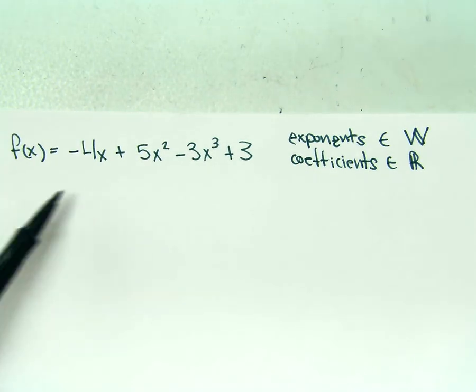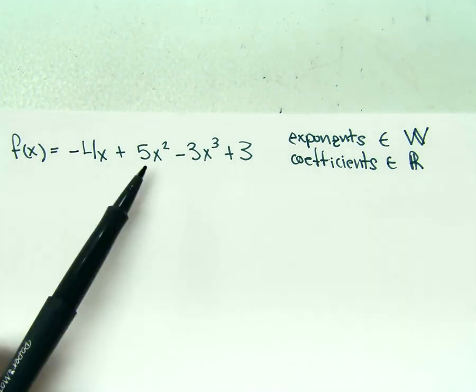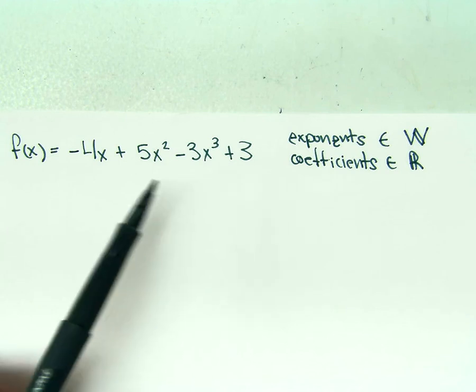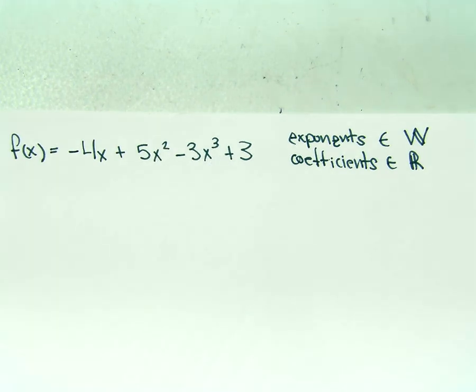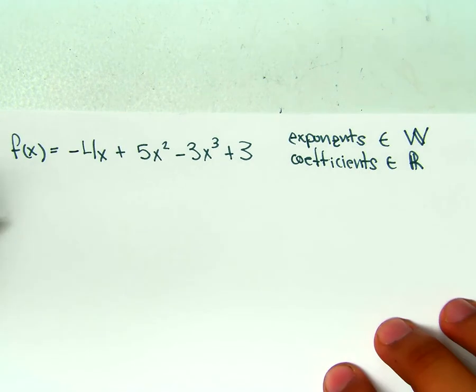So if we look at this polynomial, we will see that all the coefficients are real numbers and the exponents are whole numbers. Okay? After we're able to determine whether or not it's a polynomial function, we then want to write it in standard form. Okay? So standard form is going to be descending order from left to right.